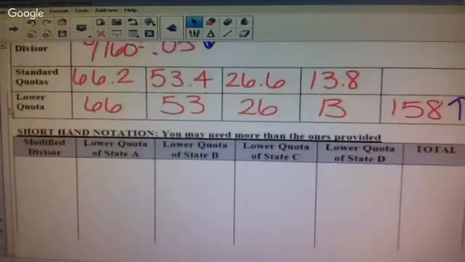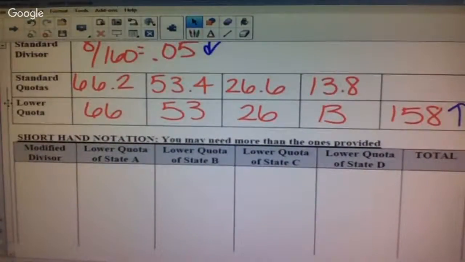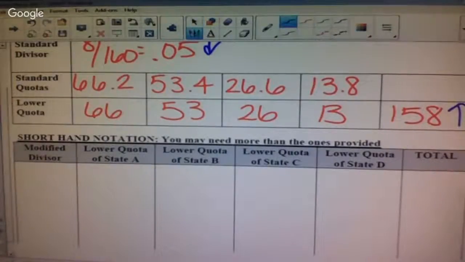So we need to guess a number that goes smaller. So Ashley said, let's go ahead and start this off at 0.03. Okay, so in your table, put 0.03. And I'm going to need somebody to holler off lower quotas because I did not guess this one. 110.